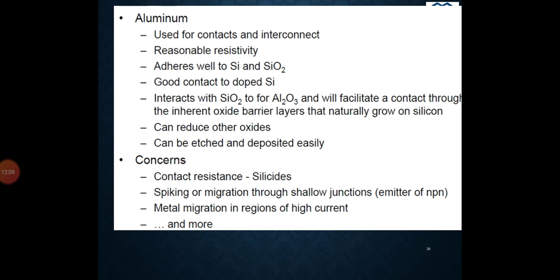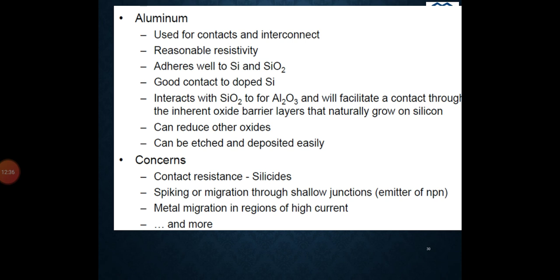Al2O3, aluminum oxide, will facilitate contact through the inherent oxide barrier layer that naturally grows on silicon, and aluminum can reduce other oxides, and can be etched and deposited easily. These are the properties of aluminum. The concerns are contact resistance, cell size, and spiking or migration through a shallow junction emitter of an NPN, and metal migration in regions of high current.